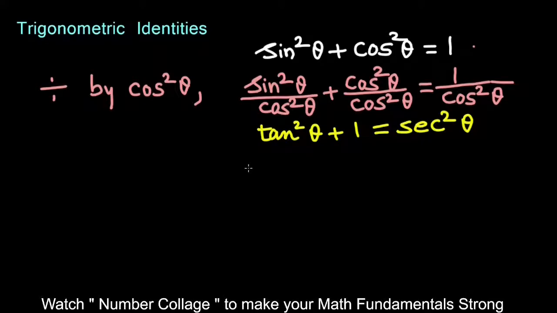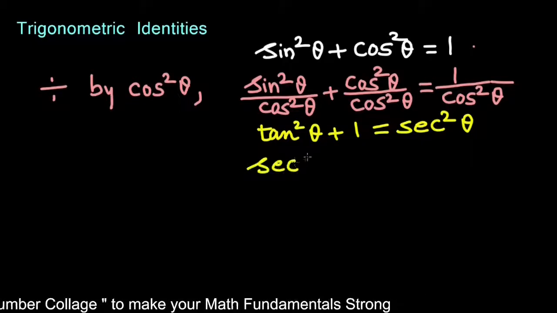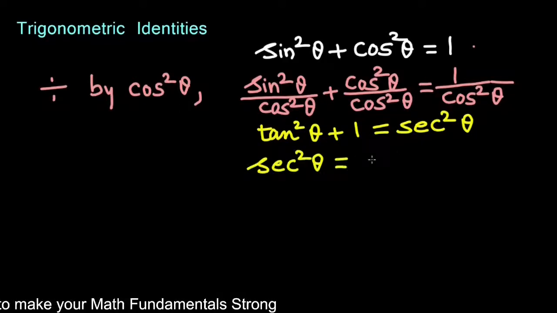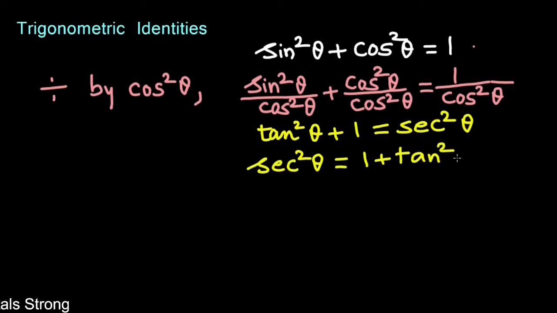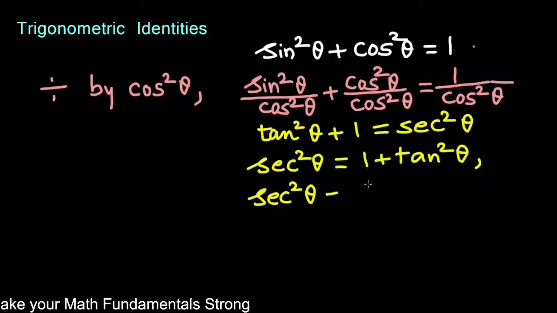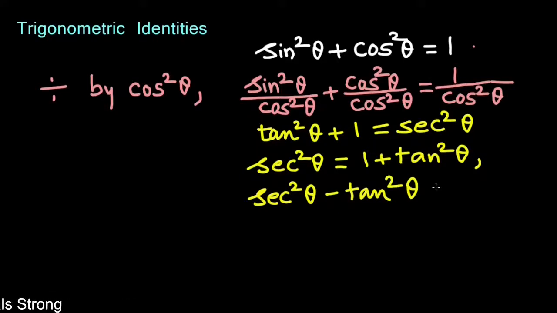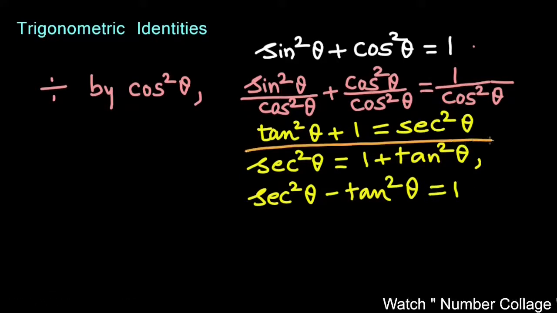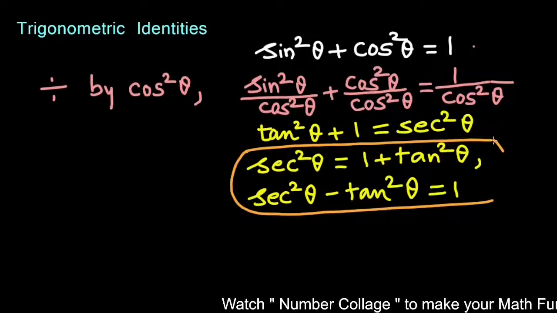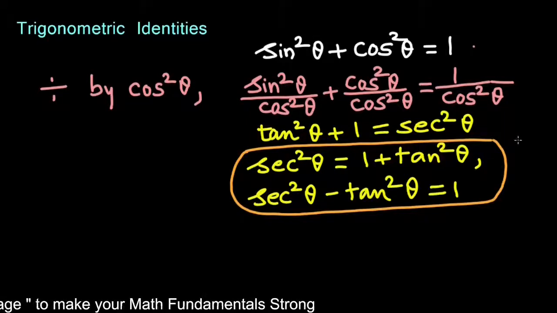So we get our second identity, sec square theta equals 1 plus tan square theta. Its equivalent form will be sec square theta minus tan square theta equals 1. So these two equivalent forms are our second identity.